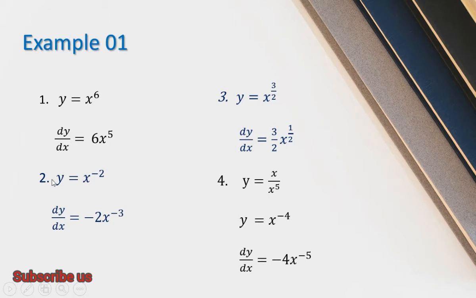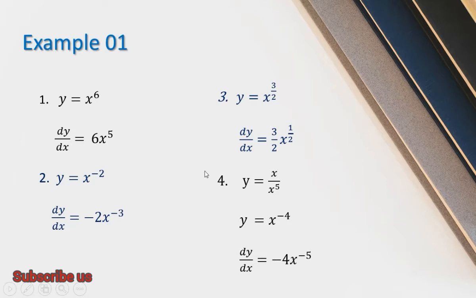Second one, y equals x to the power minus 2. Then dy by dx equals minus 2x to the power minus 3. Third one, y equals x to the power 3 over 2. Then dy by dx equals 3 over 2 x to the power half.